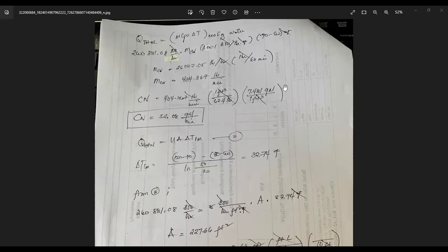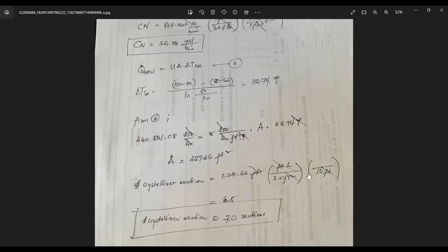Divide it by 10 because it's given in the problem that one section is 10 feet in length, and for every foot length of this section, you have 3.5 square feet of area. This is given information in the problem.